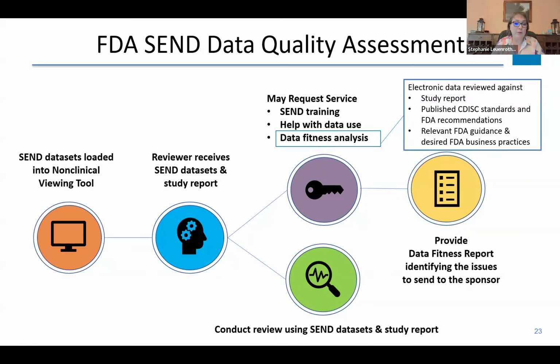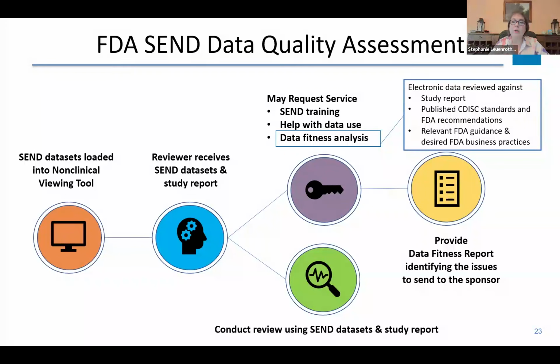So they have the option, if they're really skilled at this, to just take the SEND data sets and the study report and go off and start the review and use these tools and SEND data sets as needed. But if help is needed, help is there. The Office of Computational Science has very experienced people that really understand SEND, and they are really helpful with training, with specific questions, and with troubleshooting if something doesn't load into the tools.